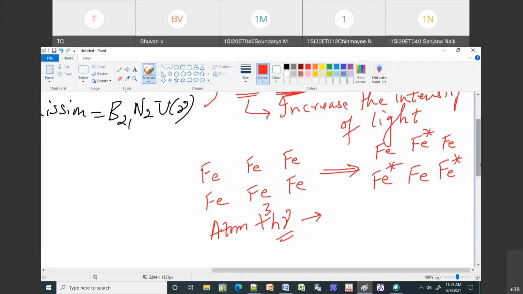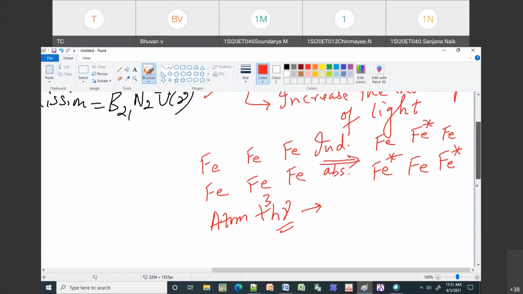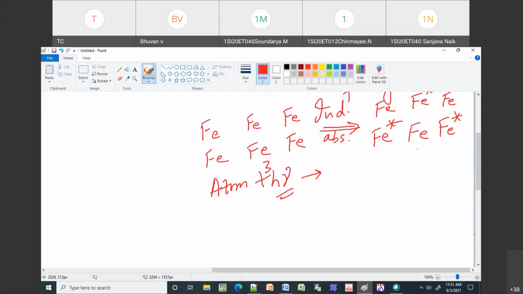So this is your induced absorption. Induced absorption will not give any kind of high intensity, but only makes the atom go to the excited state. Now if I want to have stimulated emission, what do I need to do? I need to send at least 3 photons.